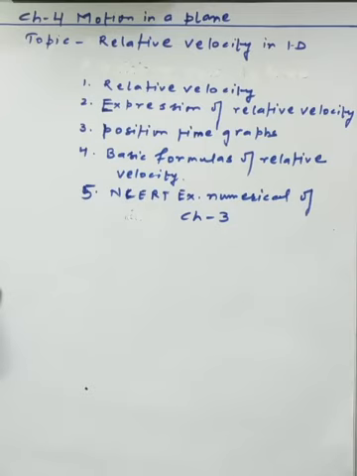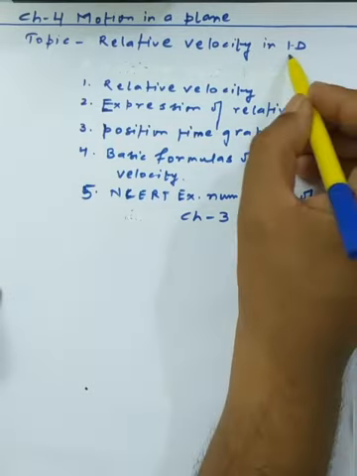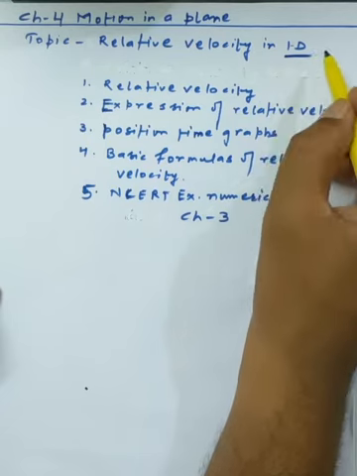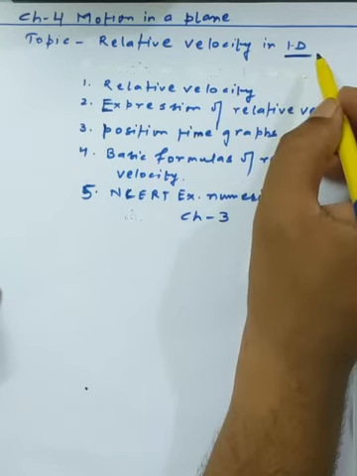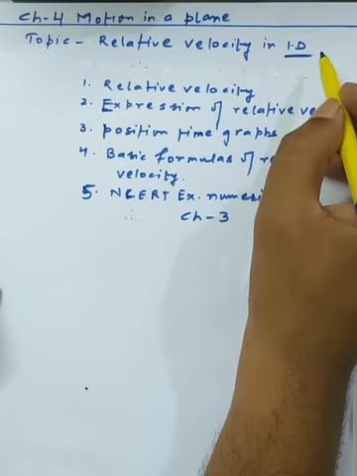So first we have the relative velocity, and we are imagining the motion of an object in one dimension. Either the object is moving along the x-axis, or both the objects are moving along the x-axis, or both can move opposite to each other along the x and minus x-axis.